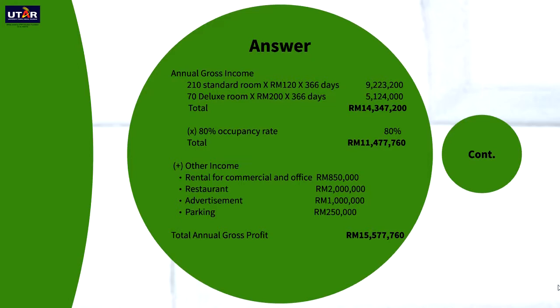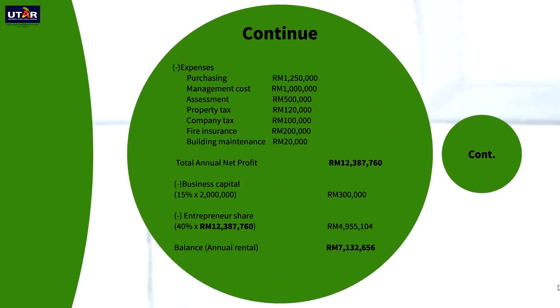Minus all the expenses, which are purchasing, management costs, assessment, property tax, company tax, fire insurance and building maintenance, to get the net profit. Annual net profit is 12,387,760. Annual net profit minus the business capital interest, which is 15% of 2 million, you will get 300,000 ringgit.